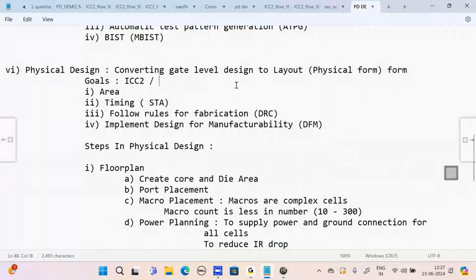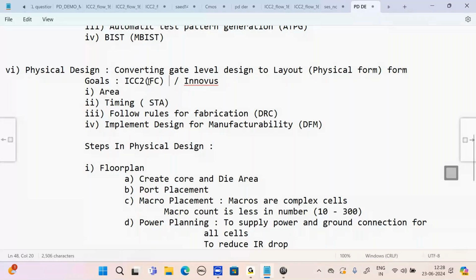It is Innovus. This is from Cadence, and ICC2 is from Synopsys. We use ICC2, but industry uses FC. FC means Fusion Compiler. Fusion Compiler and ICC2 both are the same.